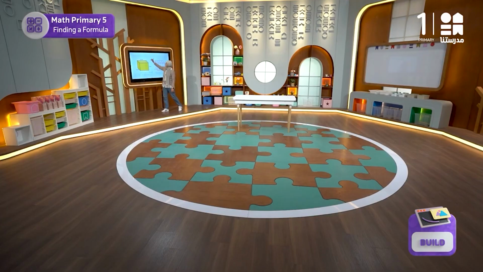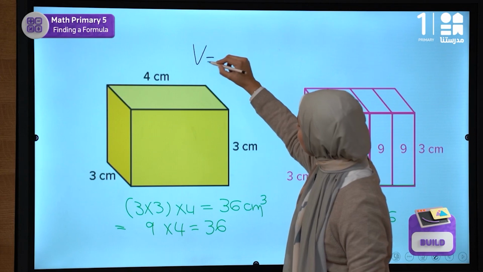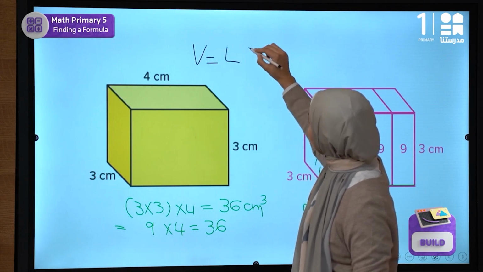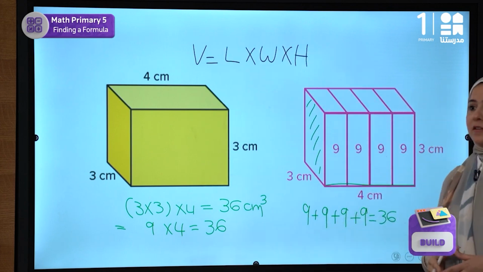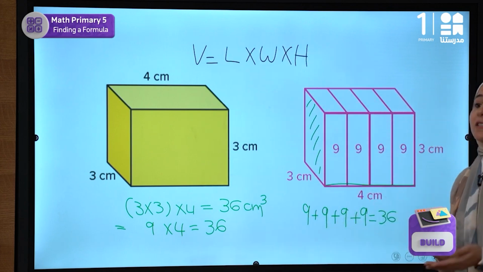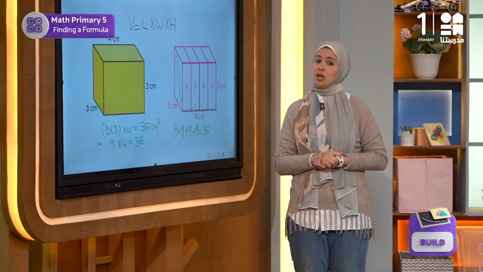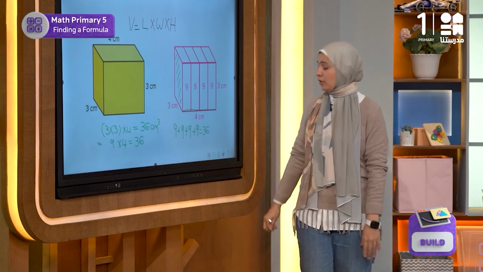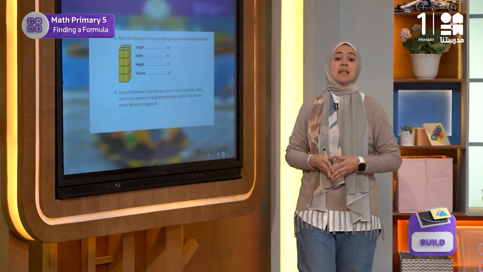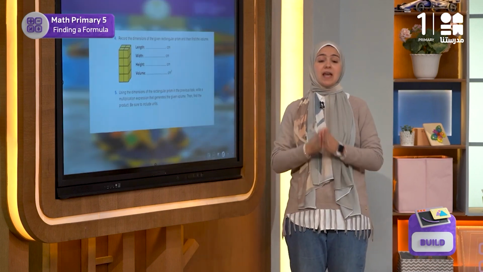So we are going to write it over here. So the volume is equal to the length times the width times the height, like that. Now we do not need to count the cubes each time to calculate the what? The volume. Now I will give you time to solve problem 4 in the same way that we concluded.